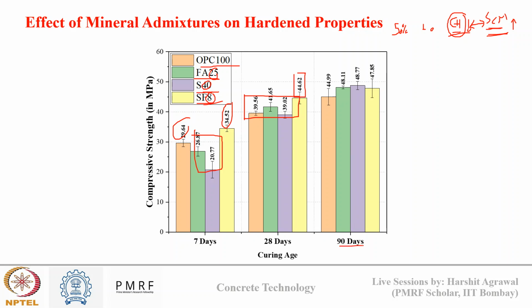However, after 90 days of hydration, fly ash and slag systems showed a higher strength compared to OPC and comparable strength compared to silica fume. So it shows that slag and fly ash react slowly, but they will gain strength over time. Compared to OPC, all three SCM systems showed a slightly higher strength value.